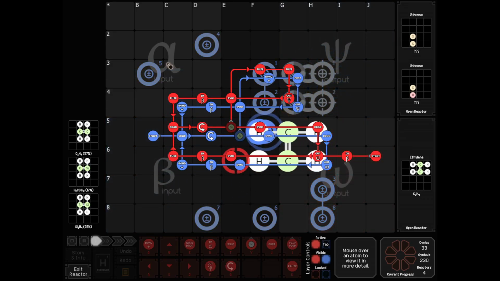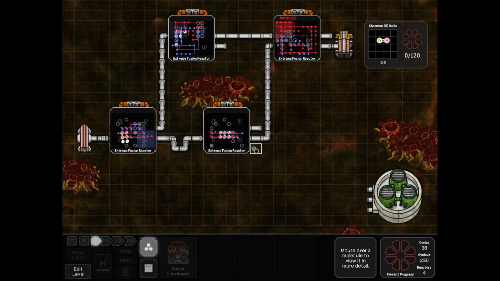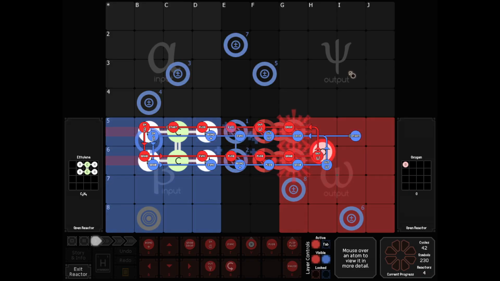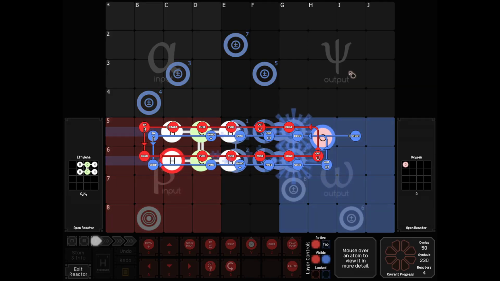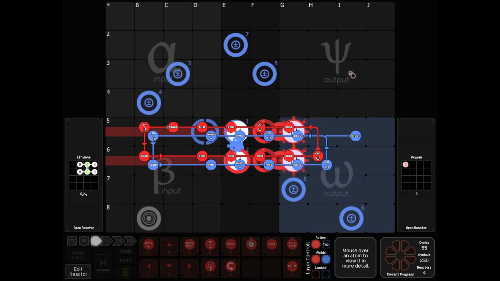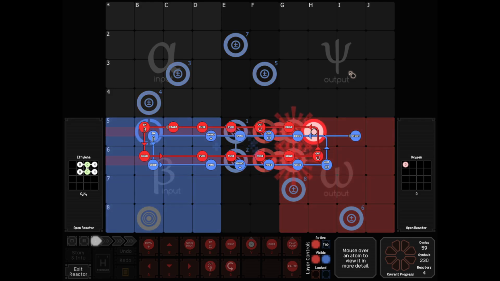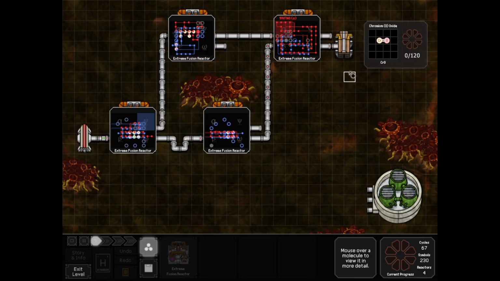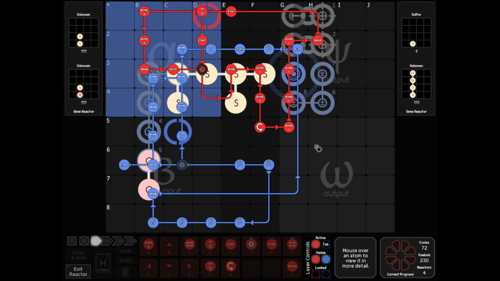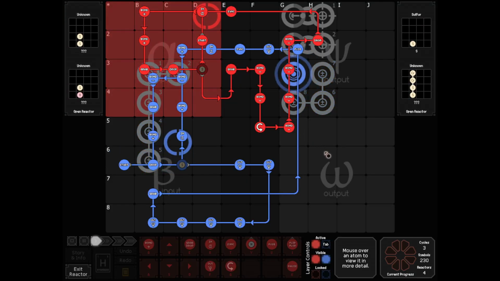You can take a look at the bottom reactor next because it's really simple. All it does is fuse everything into a single oxygen loop or stream. Yeah, it's pretty simple. Now, the top reactor is bond sorting. Yippee!